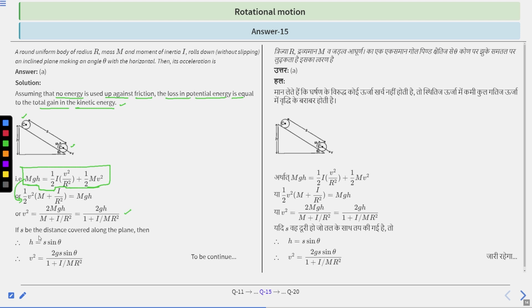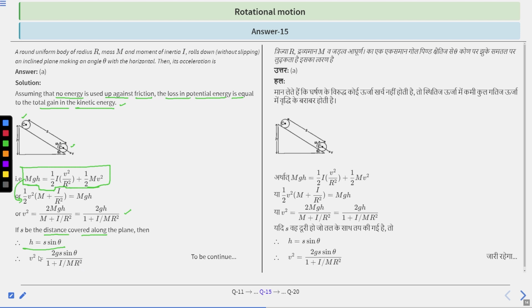So if s is the distance covered along the plane, then h is equal to s sine theta. Here use trigonometry, sine theta is perpendicular upon hypotenuse. So use this: v square equals 2gs sine theta divided by 1 plus I divided by mr square.